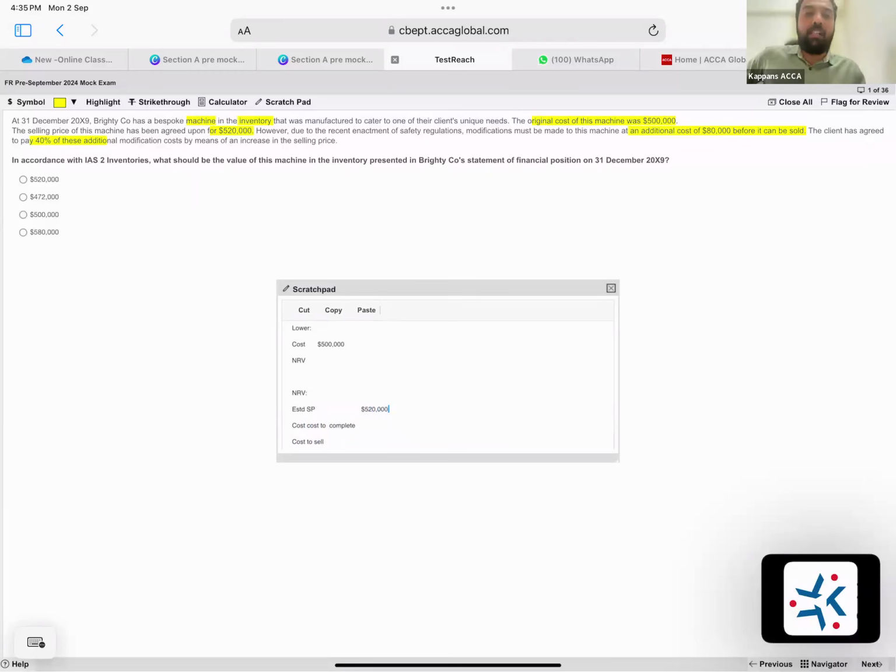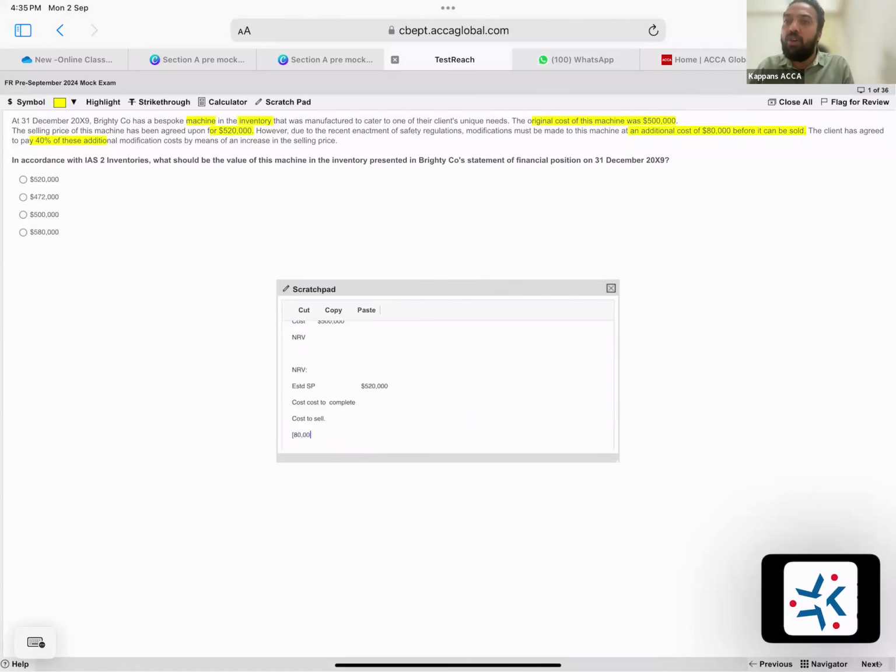Now, if you have attended my classes, I have very clearly told you that in questions where cost is given and further cost is also given, that further additional cost should be considered in NRV. So here there's an additional cost required before it can be sold. So it is cost to sell. And the additional cost is 80,000.